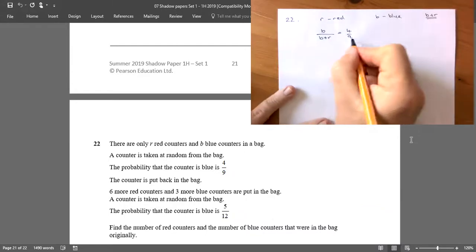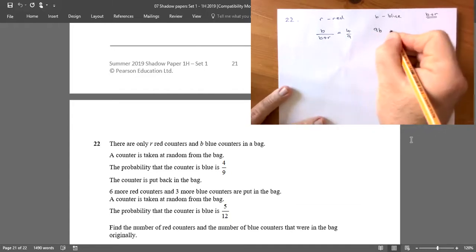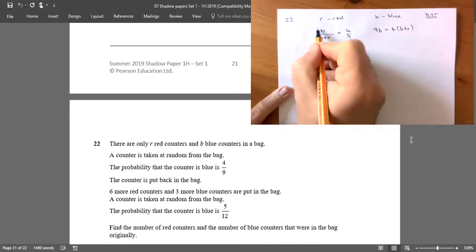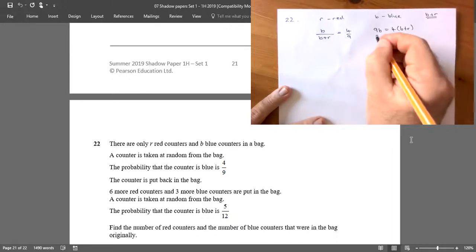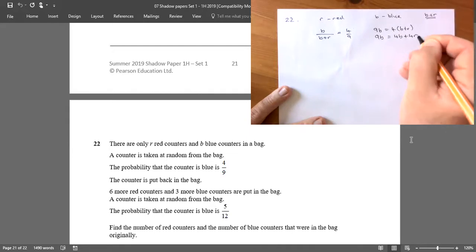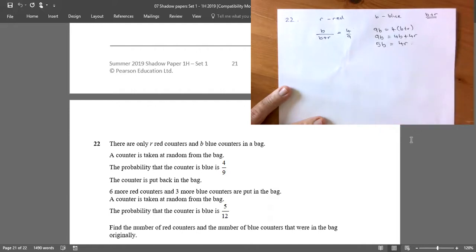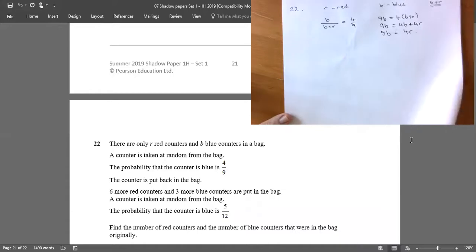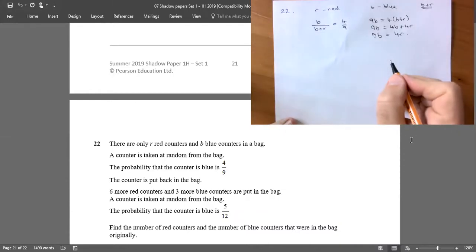So if we rearrange this, we could have 9B is equal to 4 lots of B plus R. Just multiplied the 9 over to this side and the B plus R over to this side. So 9B equals 4B plus 4R. So 5B equals 4R. The counter is put back in the bag. 6 more red counters and 9 more blue counters are put into the bag.